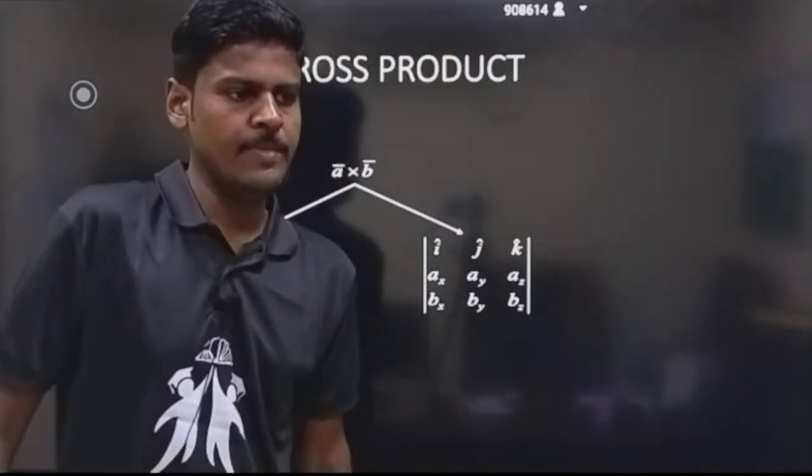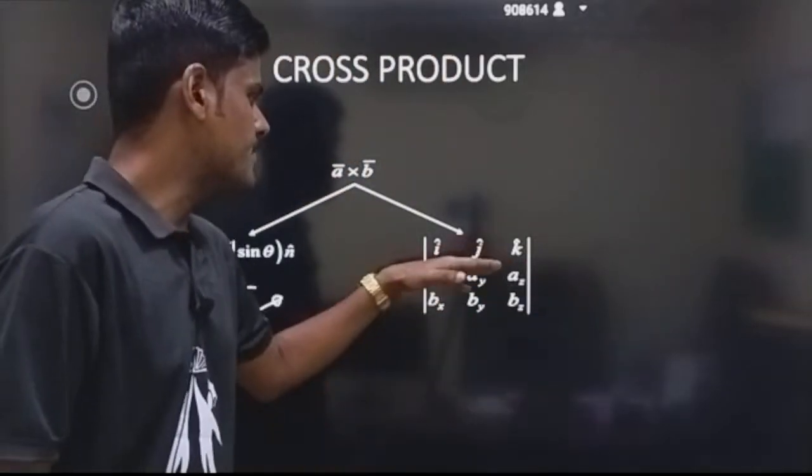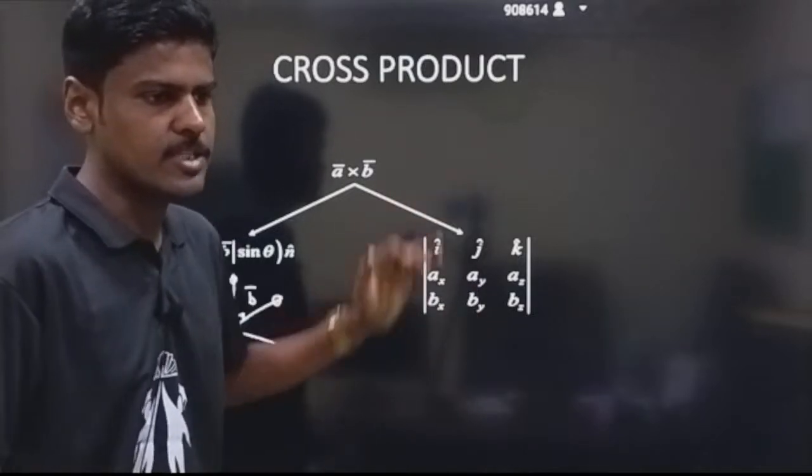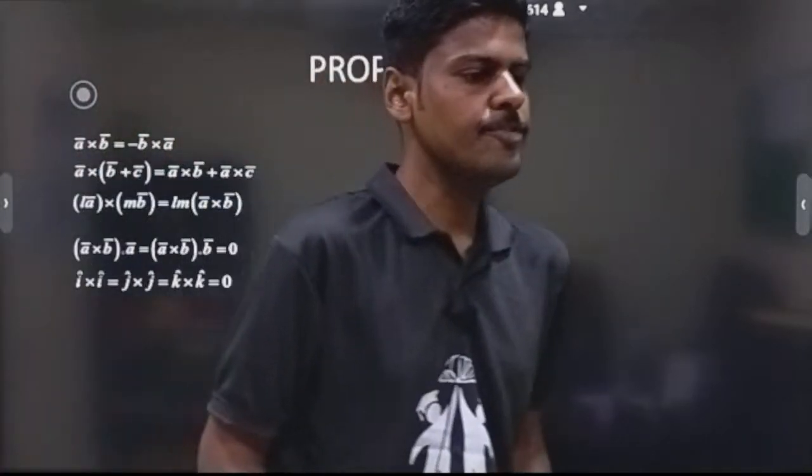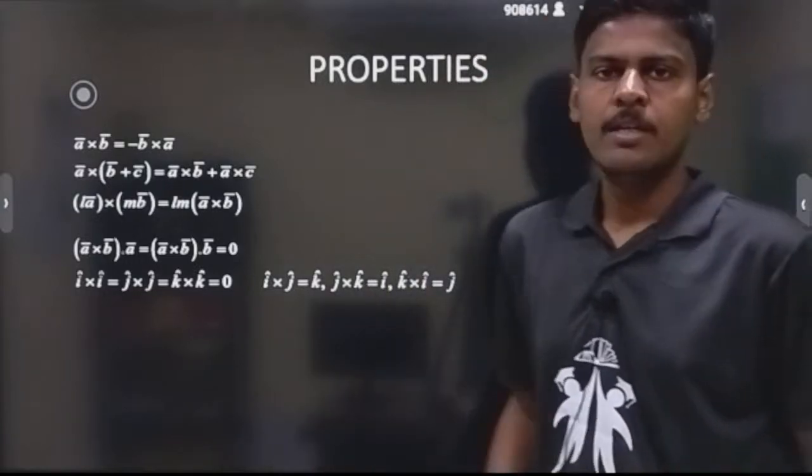Similarly for B vector. I hope this is clear. With examples you will be better able to understand this concept. Now we will start with properties of cross product.